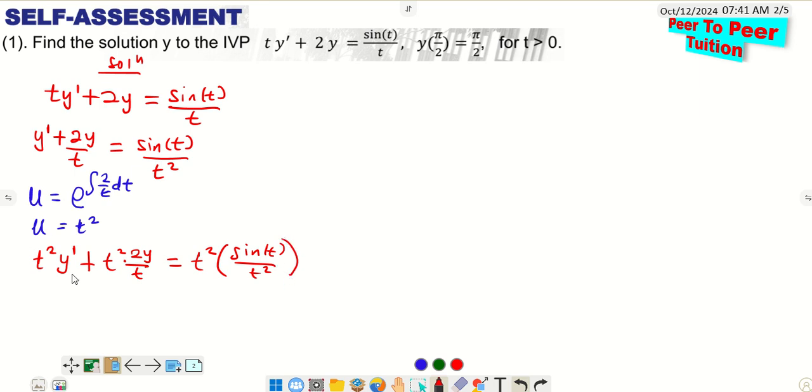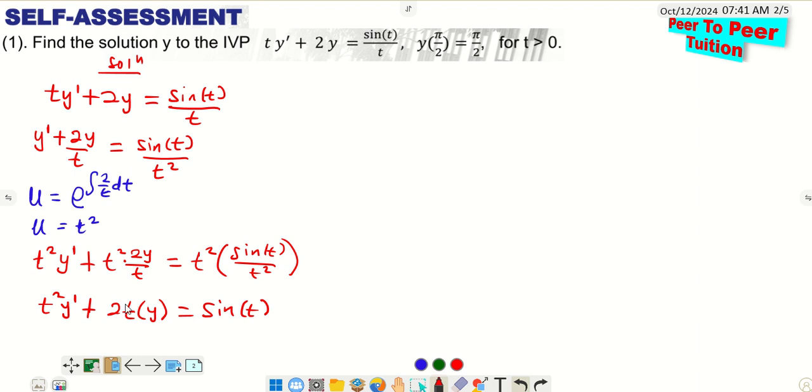The t squared cancels, and we get t squared y prime plus 2t y equal to sine t.